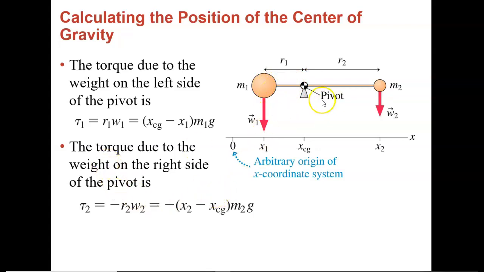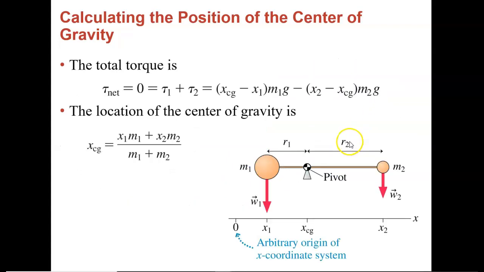And the torque on the right is our other moment arm times the weight, times this weight. The total torque then is, you add these two, but really it's a subtraction problem because they're going in opposite directions. Okay.